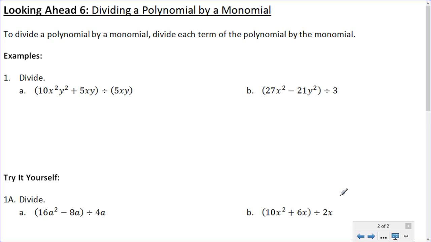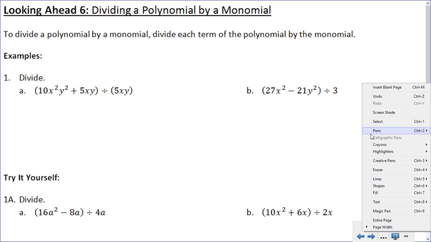So to divide a polynomial by a monomial, we divide each term of the polynomial by the monomial. So when we see something like example 1, A, where we're dividing these two terms of this polynomial by this single monomial, all we have to do is divide each term separately by this monomial.